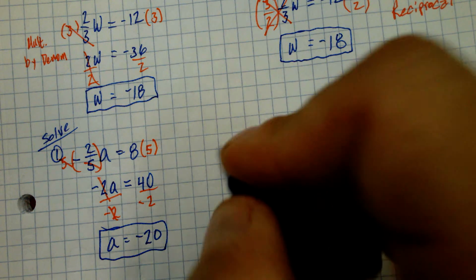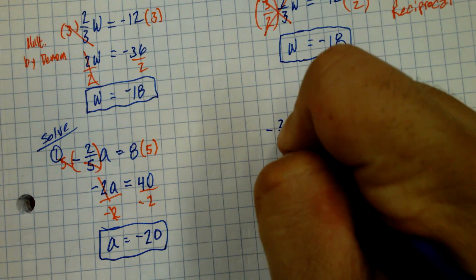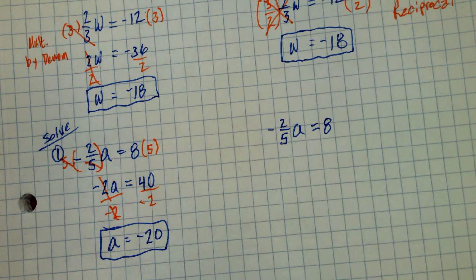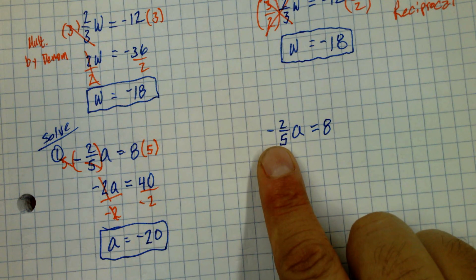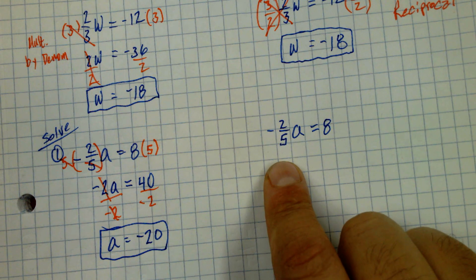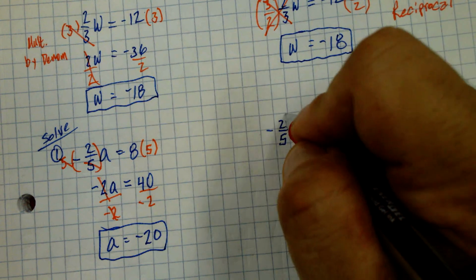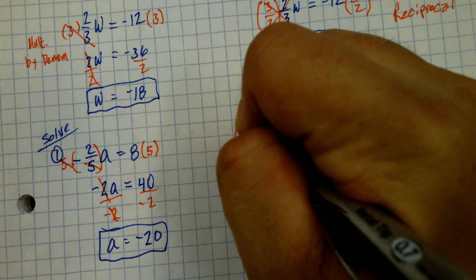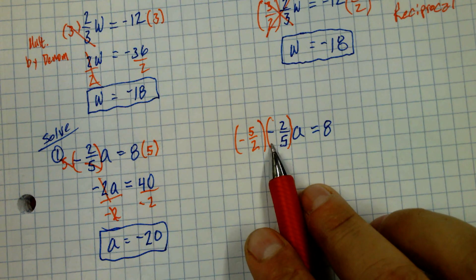Okay, let's do the same thing with method 2. All right, remember, our goal is to get a positive 1 here. So we want to multiply by the reciprocal of negative 2/5. Yeah, it has to be negative. The reciprocal of a negative number is another negative number. Okay, because a negative times a negative will make positive.